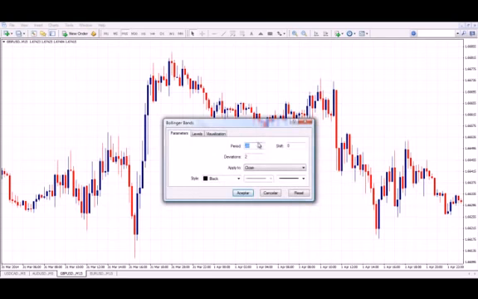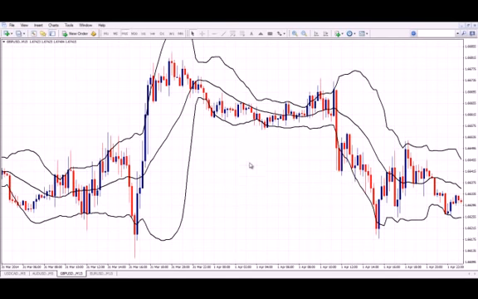As you can see, the default period is 20 period for the simple moving average, and the default standard deviation is 2. We're going to use this default period and deviation for our Bollinger Bands trading. Now you just click accept, and there you go.